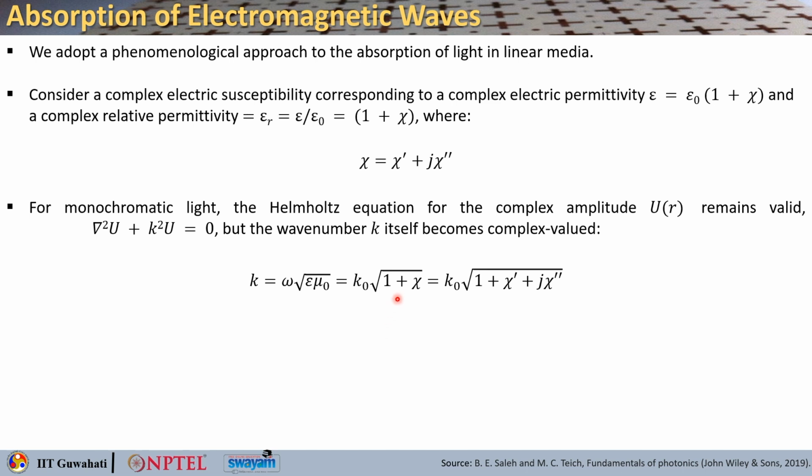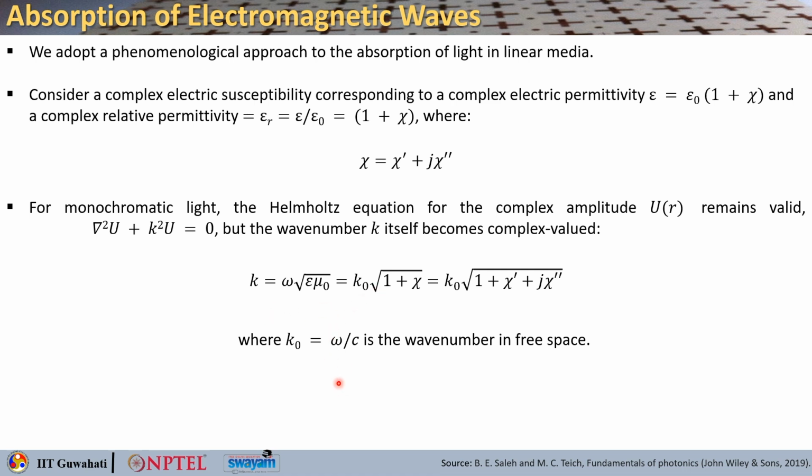This epsilon r you can write as 1 plus chi, and chi can be broken into real and imaginary parts. So, k equals k naught, the vacuum wave number, times the square root of 1 plus chi prime plus j chi double prime. This is where you can see the relationship.